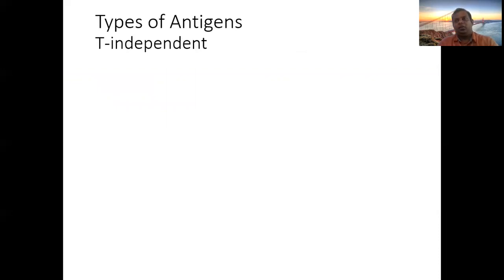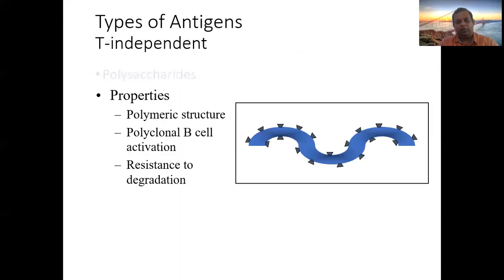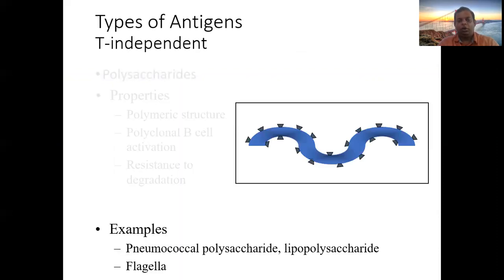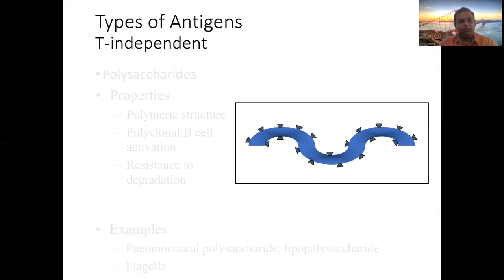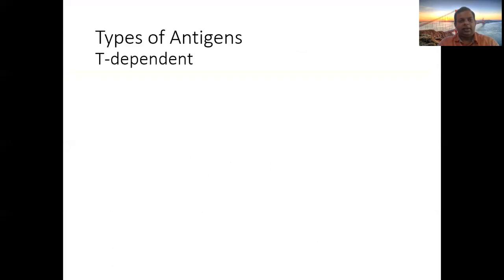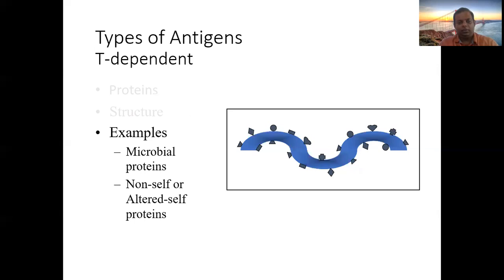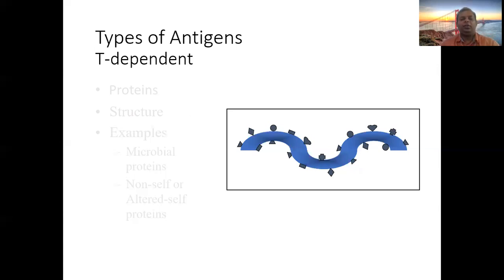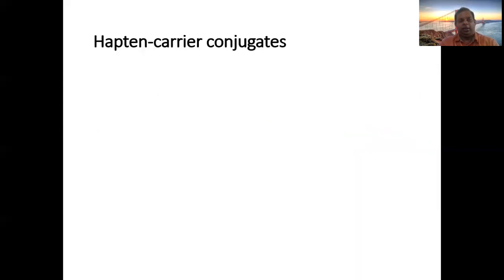There are antigens called T cell dependent and T cell independent. Polysaccharides, you know, pneumococcal polysaccharides, lipopolysaccharides, and flagella, are T cell independent. T cell dependent ones are proteins. Structure likewise: microbial proteins and non-self or altered self proteins are T cell dependent.